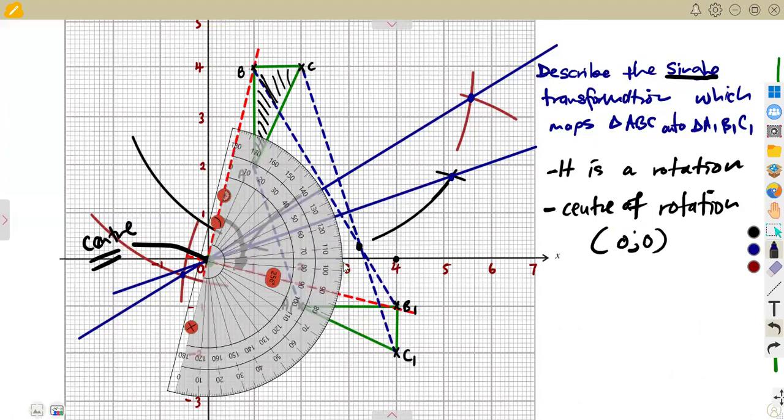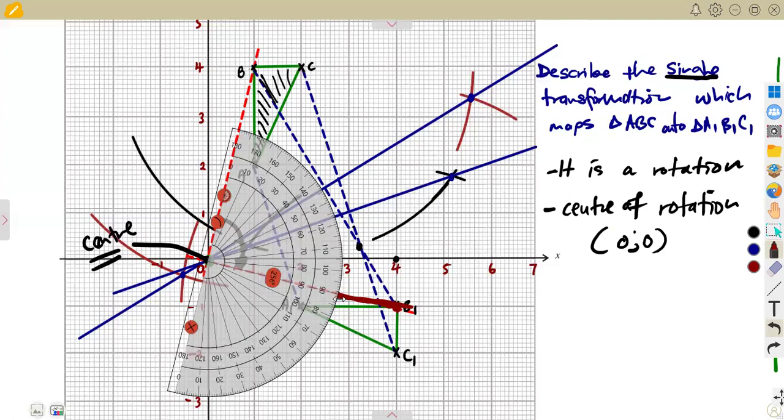So if you measure properly, from B here, we are going to measure from this 0, 10, 20, 30, 40. So the angle that corresponds there to B1, if you consider B1 here on the protractor, which angle is it corresponding to?